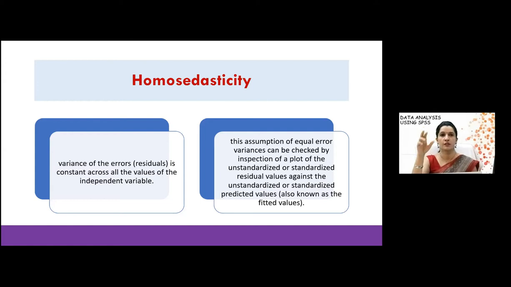If you square that, that value will give you the variance, and if you take the square root, it will give you the standard deviation. So this is the variance of errors, and it should be constant across all the values of the independent variable. And this we check by plotting a graph. This is known as homoscedasticity.